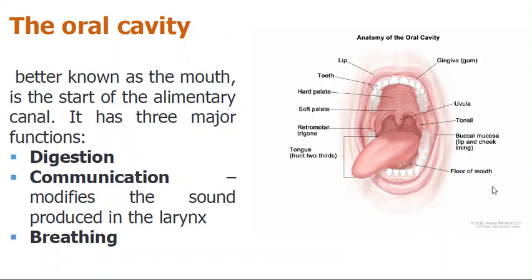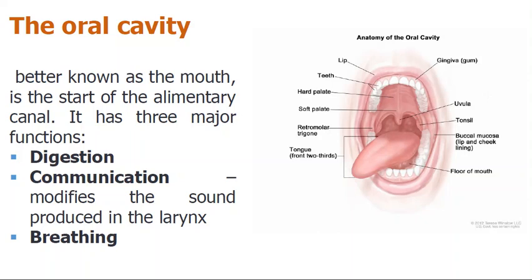It is regarded as the beginning of the GI tract, and it has three main important physiological functions, including digestion of the food, mechanical digestion of the bolus of the food, and also the oral cavity, or the mouth, is used for communication with others due to its function regarding the sound modifications and accommodations.